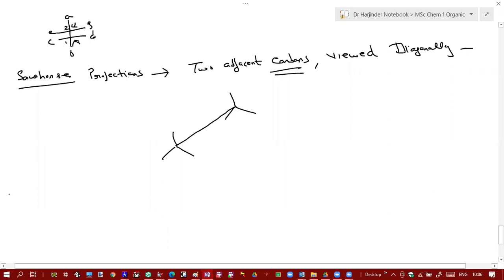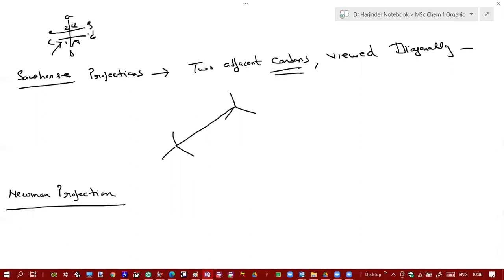What do you do in Newman projection? In Sawhorse projection, you view the molecule diagonally, but how do you view the molecule in Newman projection? We see the molecule in Newman projection from the front. So what is the Newman projection?